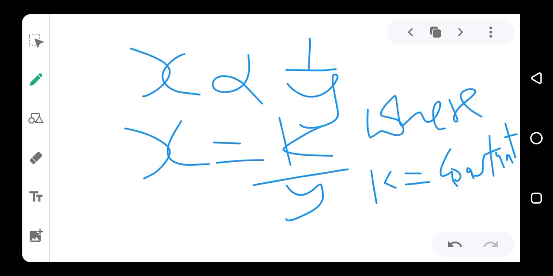If you make k the subject, from here, if we do cross multiplication, we take this one to this and this one to this, then we are going to see that k is equal to x times y, like we got before. K is equal to xy, if we make k the subject.